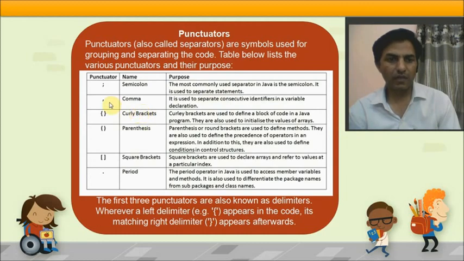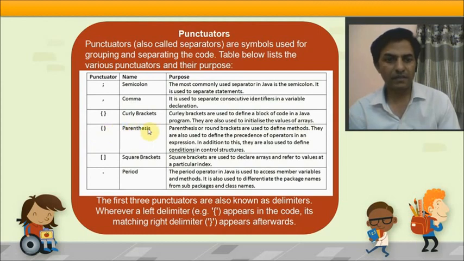Second one is a comma. It is used to separate consecutive identifiers in the variable declaration. Third one is curly braces or curly brackets. Curly brackets are used to define a block of code in a Java program. They are also used to initialize the values of arrays.